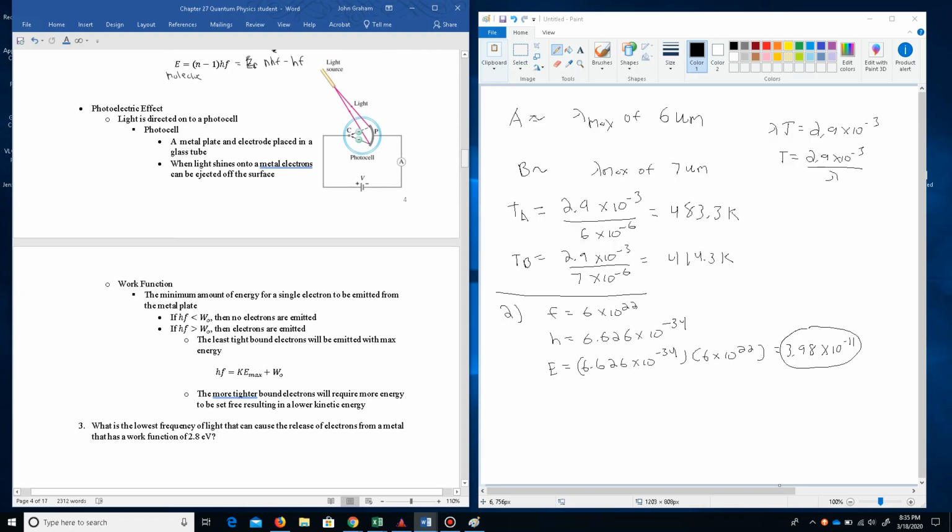Okay. So we have what's called the work function, and this is the minimum amount of energy for a single electron to be emitted from the metal plate.